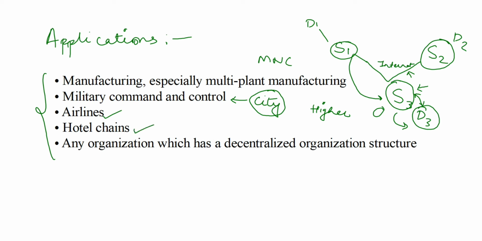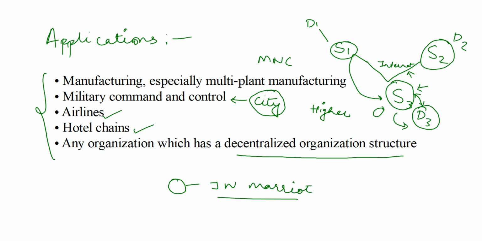Hotel chains, it is the same thing. Any organization which has a decentralized organization structure. Decentralized means there is not a central organization. There are multiple offices, multiple chains like JW Marriott. They have hotels in multiple countries. So the hotel in a country or in a city will maintain its local database, like what they have, how many rooms they have available.